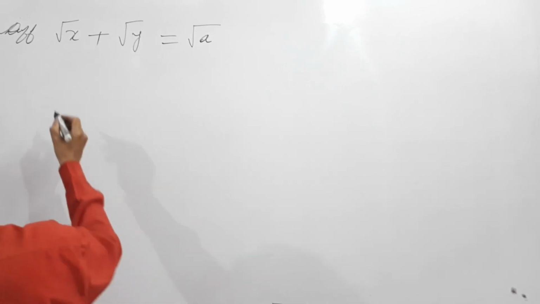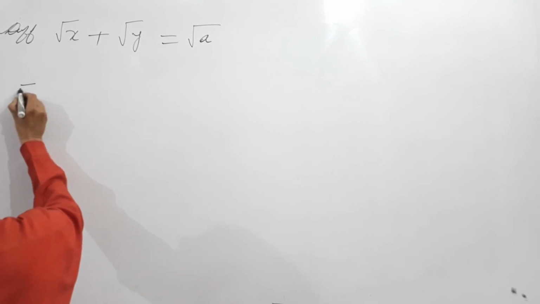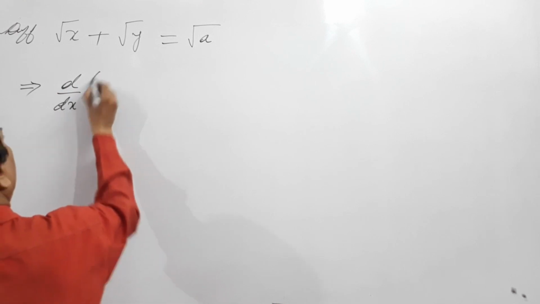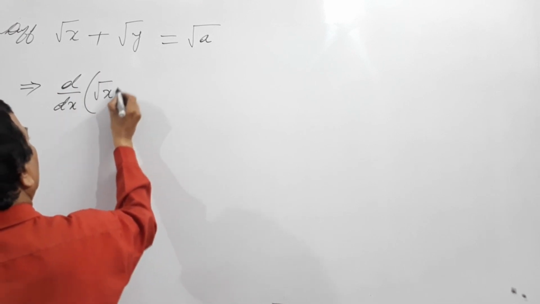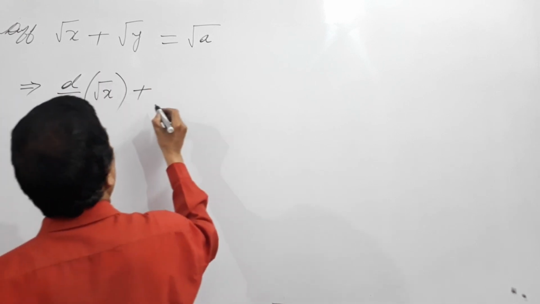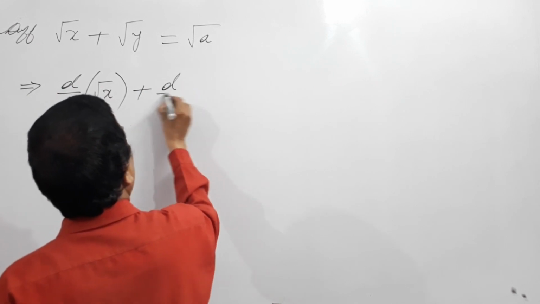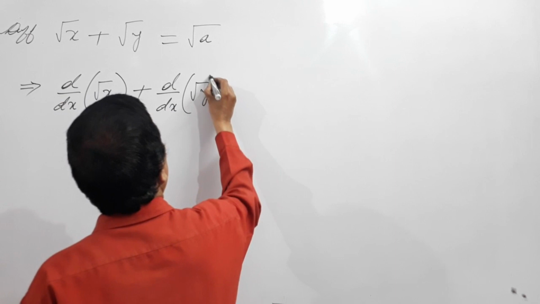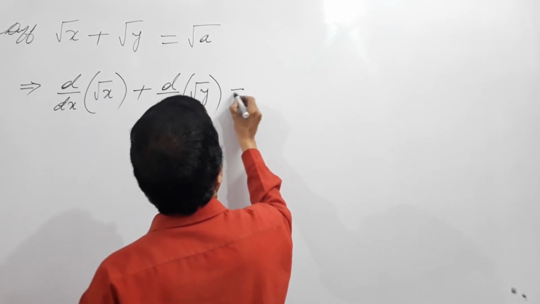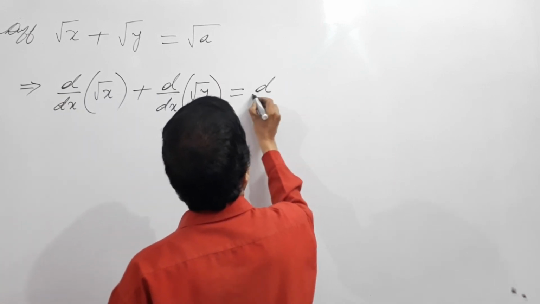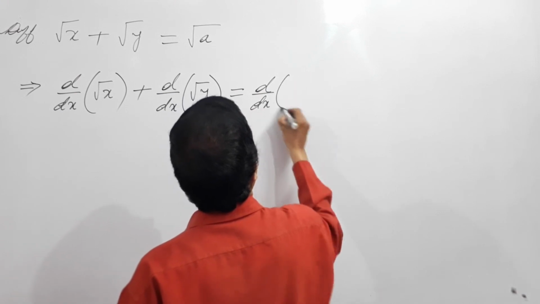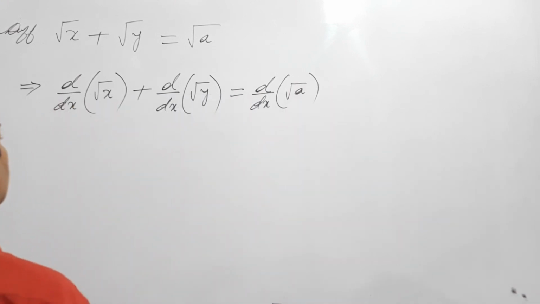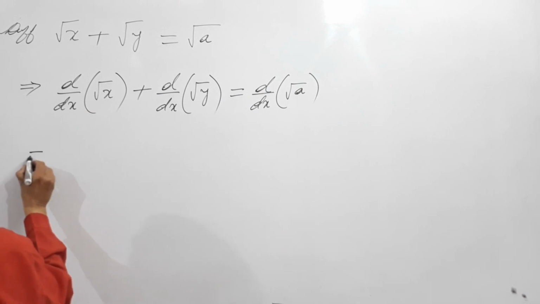So this is d by dx of root x plus d by dx of root y. This equals d by dx of root a. So what happens to this?